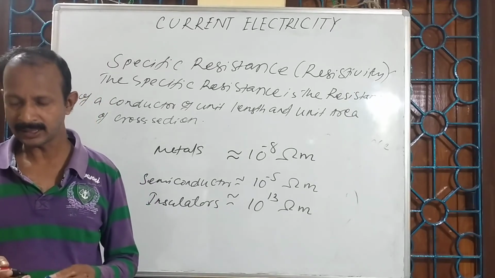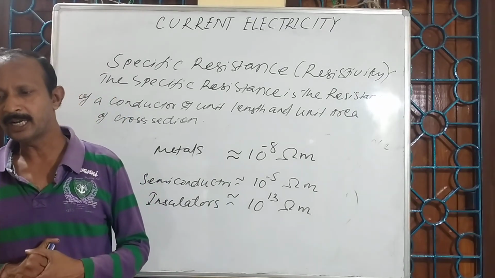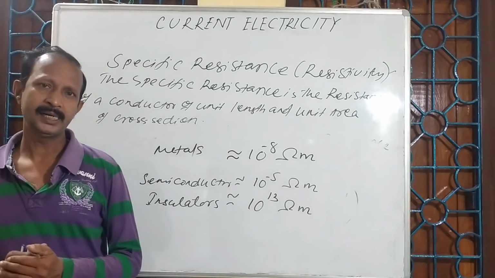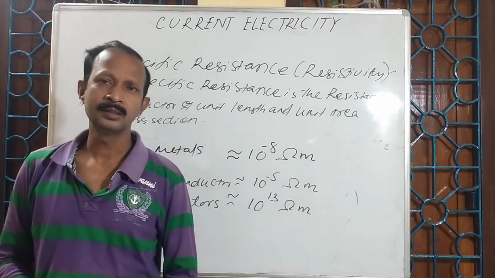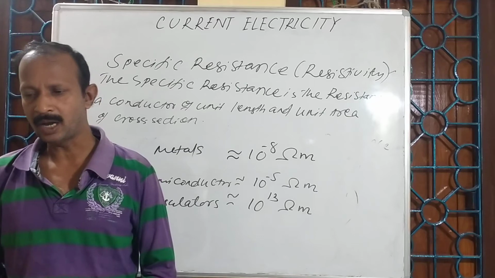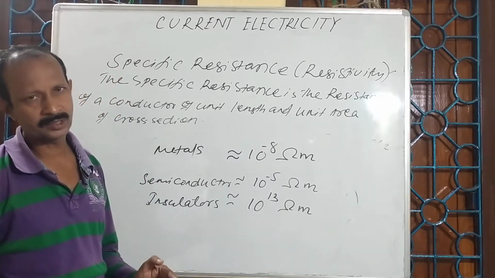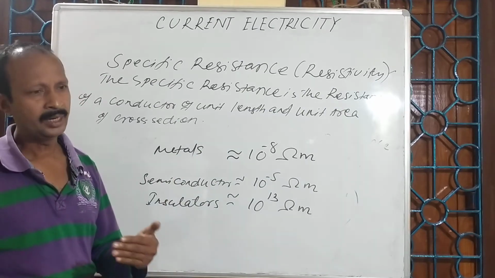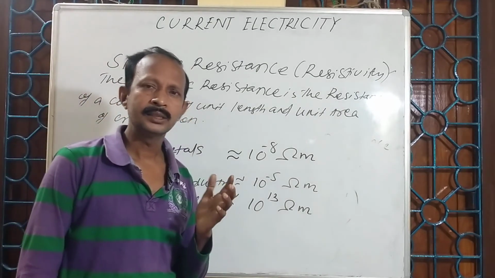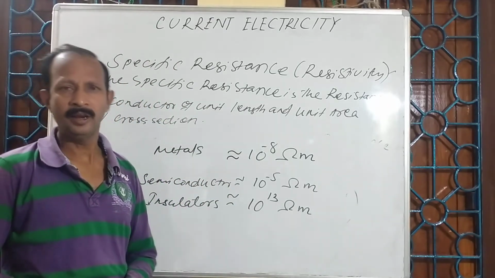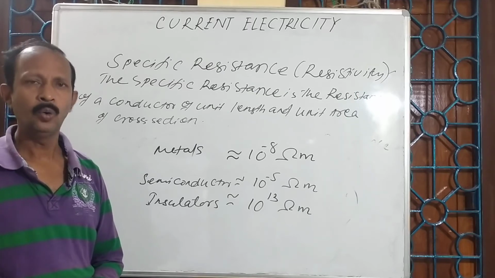So I can say that the specific resistance or resistance depends on temperature. It increases for metals and decreases for semiconductors. For alloys like tungsten, like manganese, the temperature effect is very low.